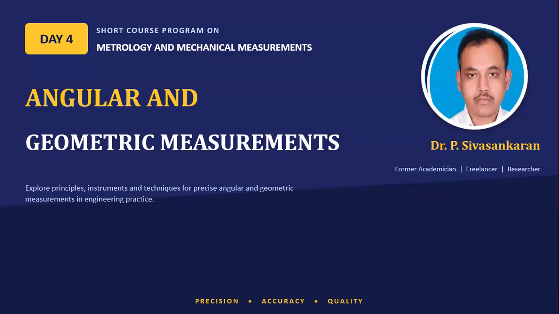In this session, we will cover 5 major important areas: fundamentals of angular measurement, angular measuring instruments, geometric dimensioning and tolerances, measurement of straightness, flatness, roundness, and cylindricity, and finally, practical applications and best practices.